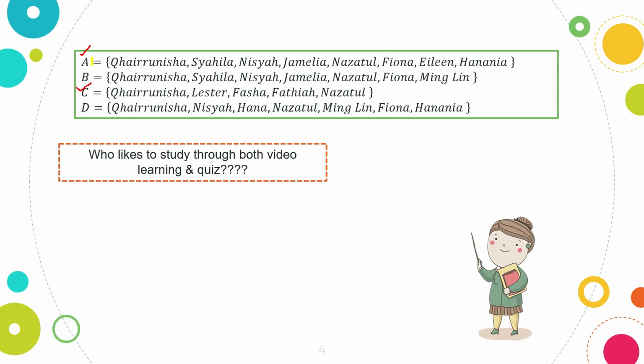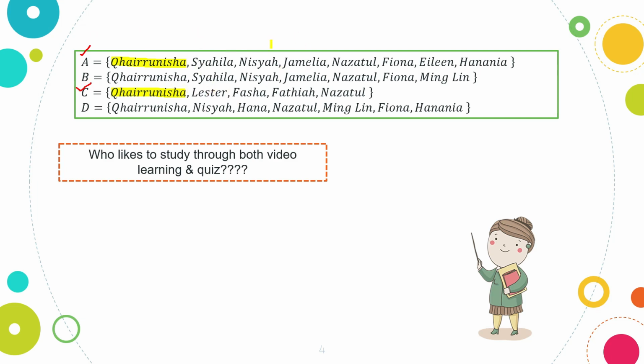First, from set A, Kaironisha. Set C also has Kaironisha, so we highlight this name. Then Shahila: set A has Shahila, but set C has no Shahila.